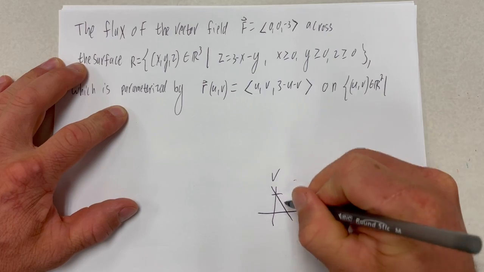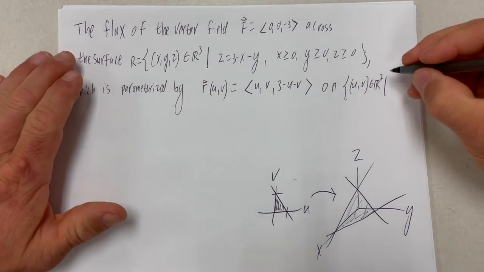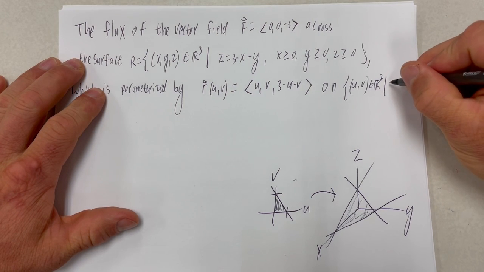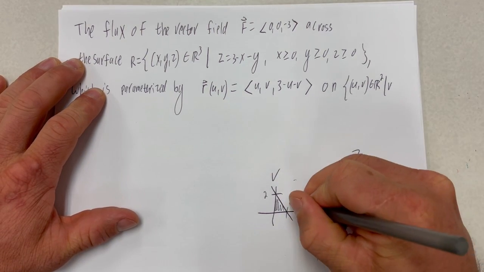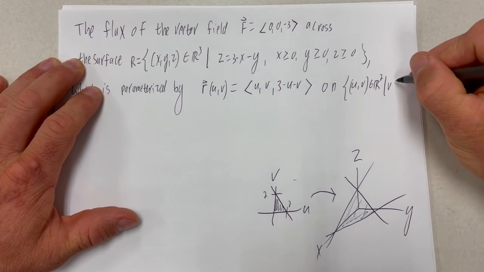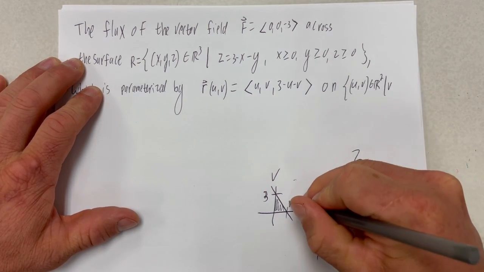Okay. So we need to have v, oh, that's 3. My mistake.